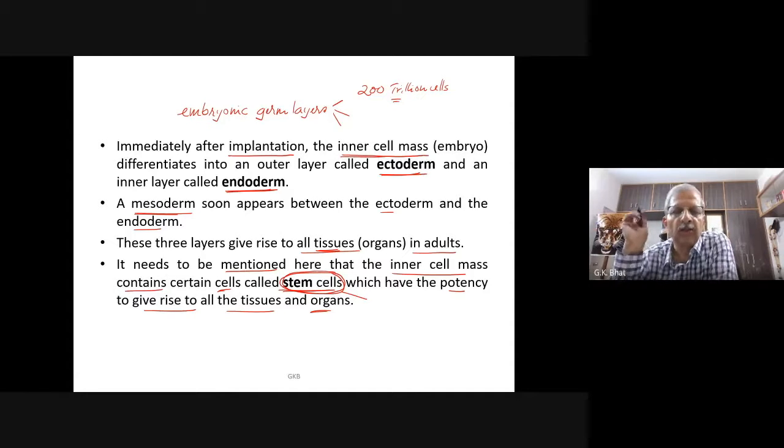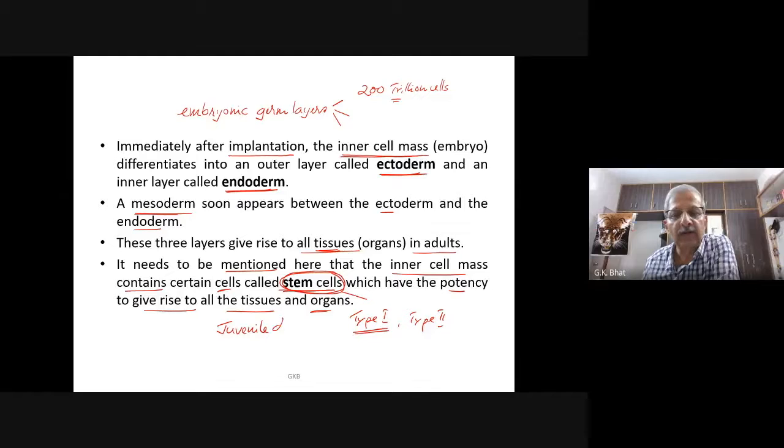So, this stem cell culture has enabled us to treat diabetes. There is type 1 diabetes and type 2 diabetes. These stem cells are used for treating people who are suffering from type 1 diabetes. Type 1 diabetes is known as juvenile diabetes.